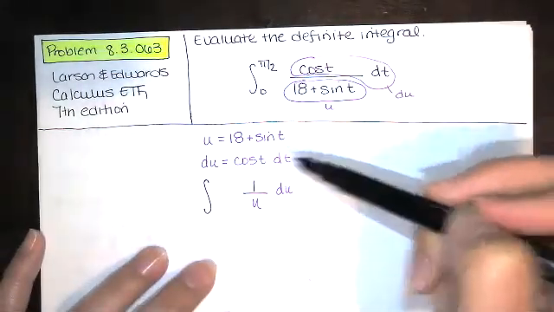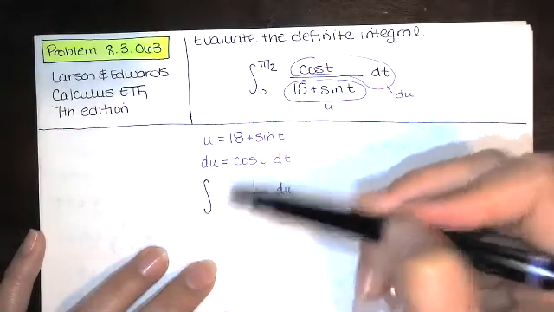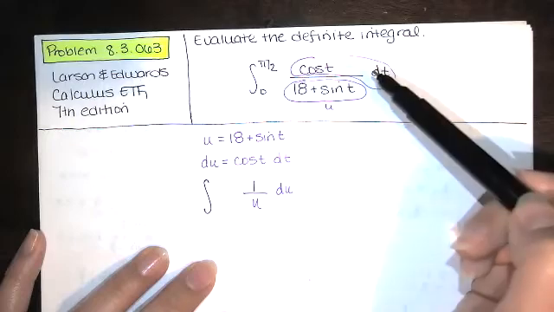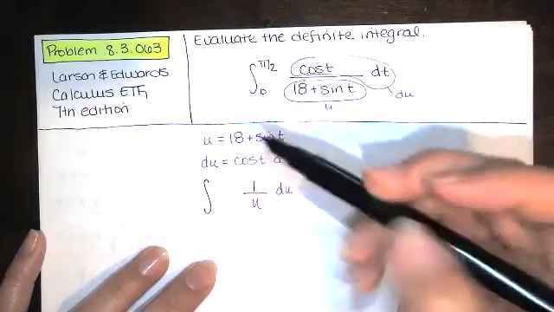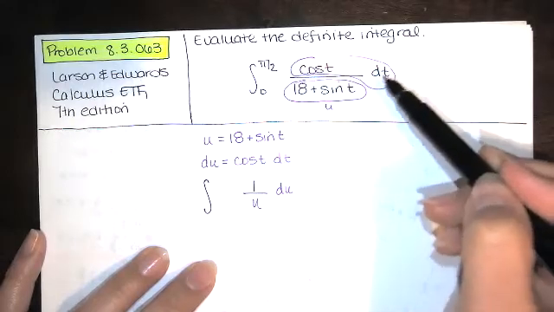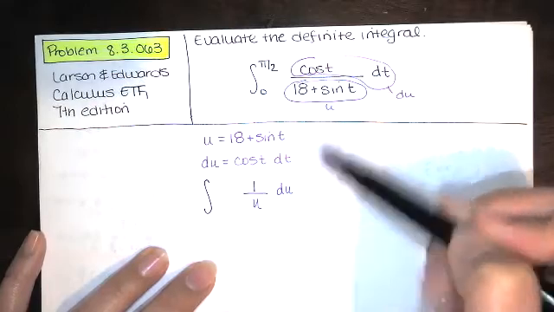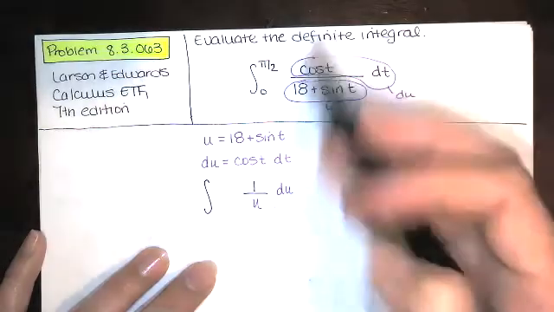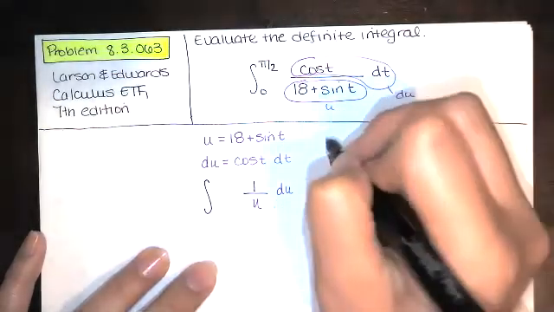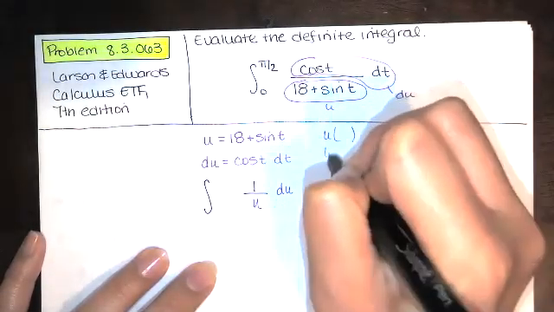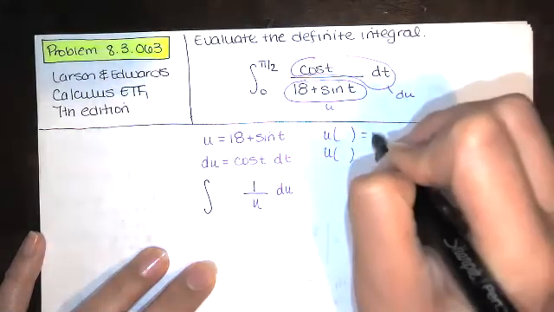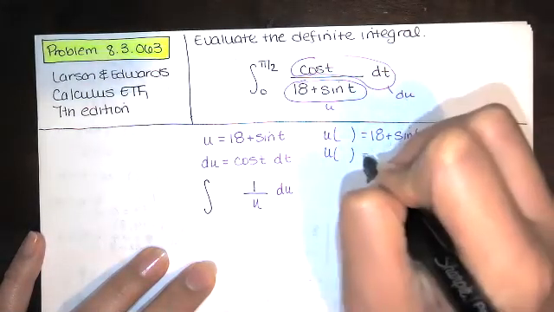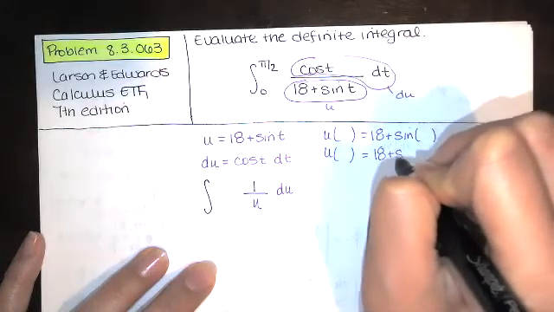Now, in order to get appropriate bounds over here, we've got to replace t with 0 and replace t with pi over 2. These are bounds for t. These are t values. When I write the integral in terms of u, the bounds need to be u values, otherwise they're not actually equal to each other. So it's pretty easy. All you do is take the t values and you substitute them into your equation for u.